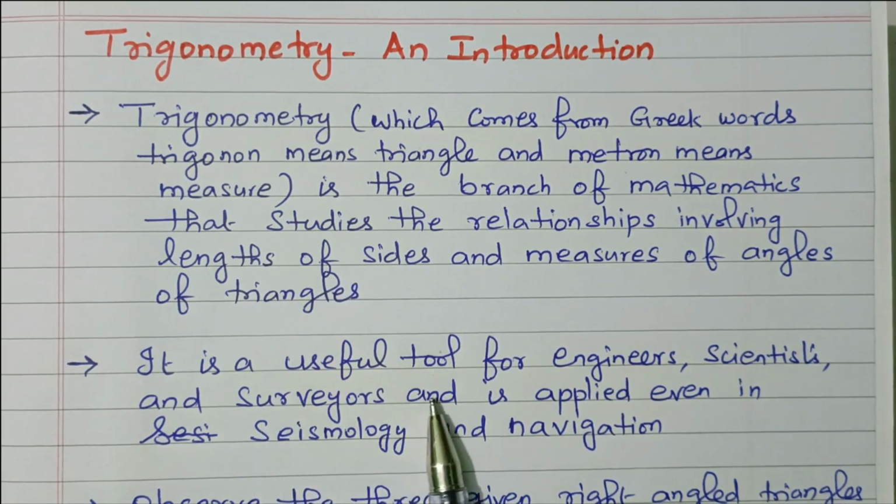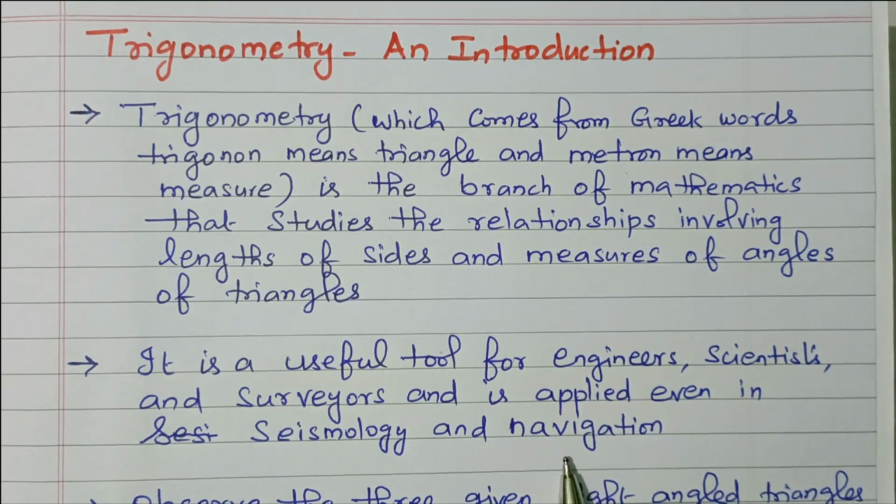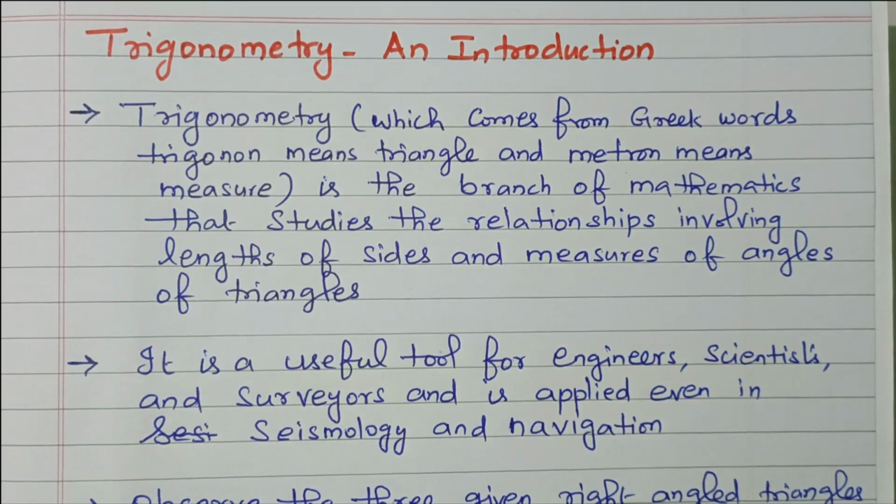So it is a useful tool for engineers, scientists and surveyors, and is applied even in seismology and navigation. From the angle we can find the side of the triangle, and from the sides of the triangle we can measure the angle. So that will be very useful for all fields, including engineering, science, navigation and surveying.